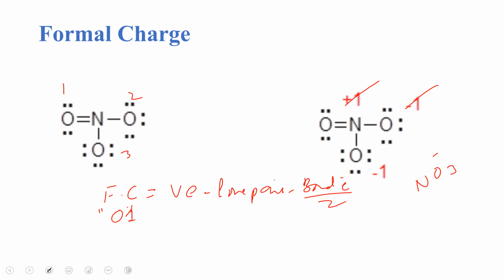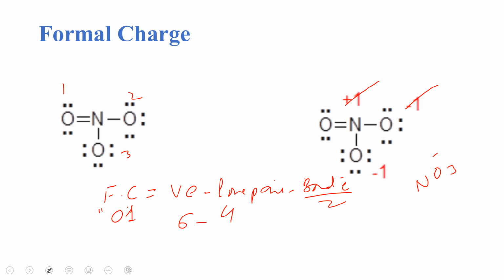So the valence electrons of oxygen are 6, minus the lone pairs, which are the non-bonding electrons on this oxygen. So these are 4 electrons, which are 2 pairs. Do remember that we don't write the pair as 1; we have to write the total number of electrons.